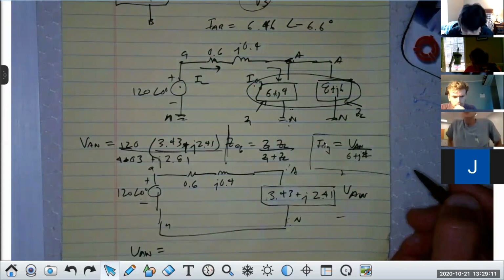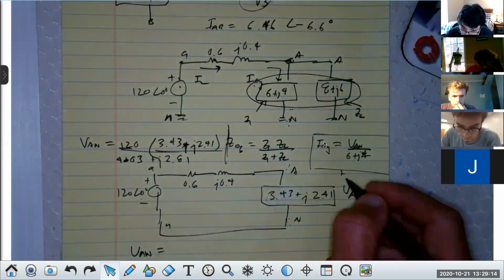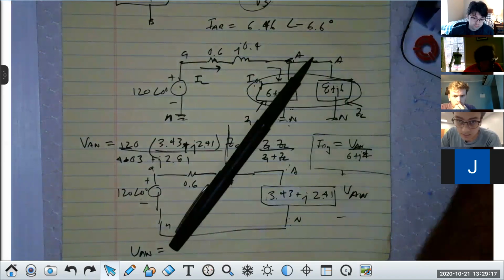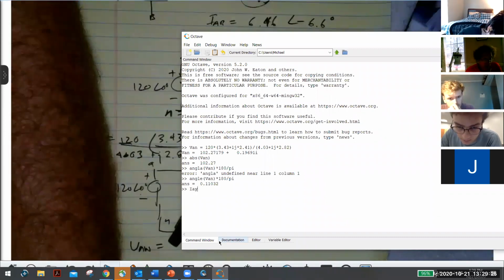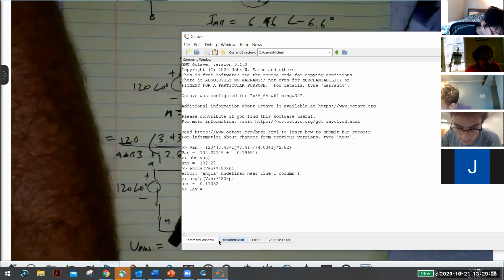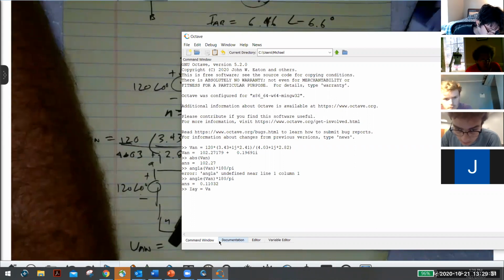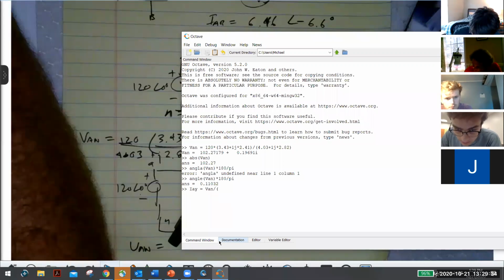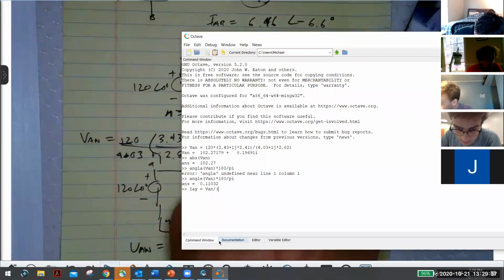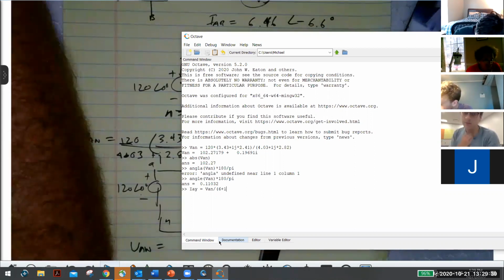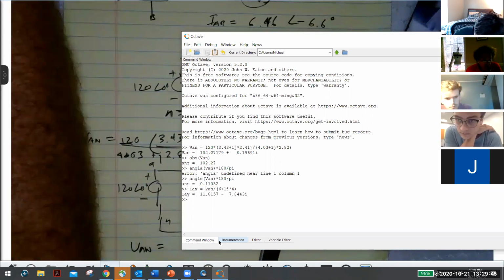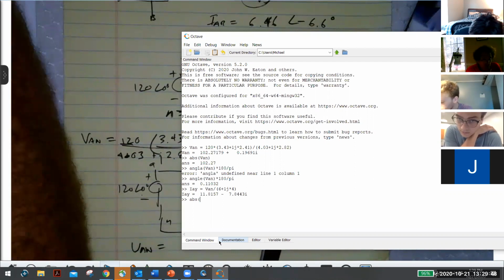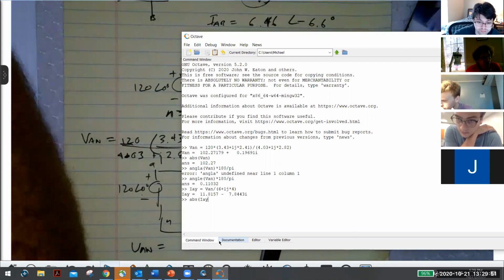Okay, thank you. Now you can give me that value if you want. It's in the solutions, but I just take what I got and divide it by 6 plus J4. Let me do it here real quick. So if I wanted that IAY, I would take my VAN, it should be capital AN here, it's small, divided by 6 plus J4. That's real and imaginary, and then the magnitude would be that.